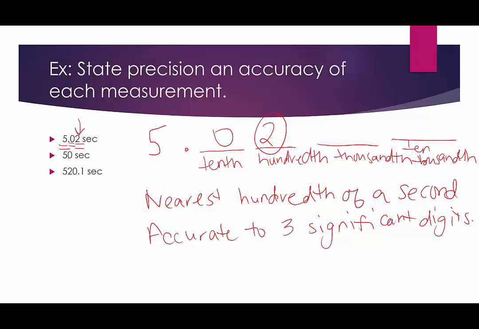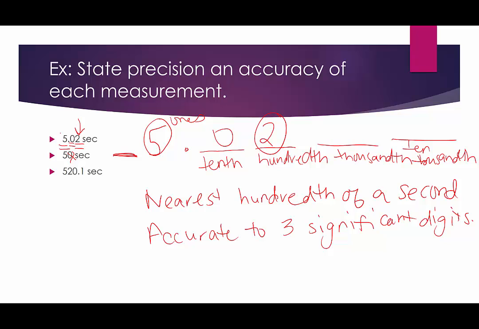Okay, 50. Well, the 0 is not a significant digit because it's to the right of a whole number. So your precision would be in the tens place, because remember this is the ones place here, and this is the tens place, and then of course hundreds, thousands, and so on.